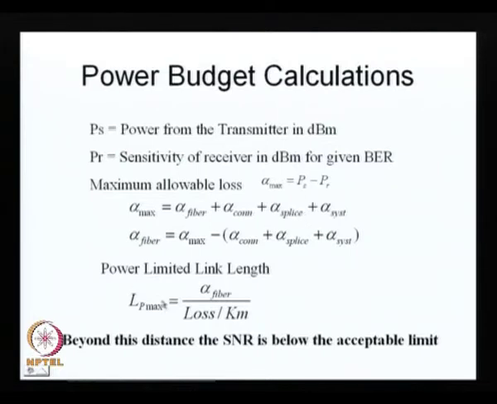This length we call the power budget limited link length. If we send the signal beyond this distance, the signal to noise ratio will go below the acceptable limit, and therefore your BER will be worse than the specified value.